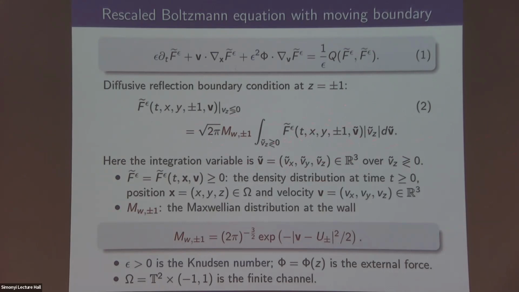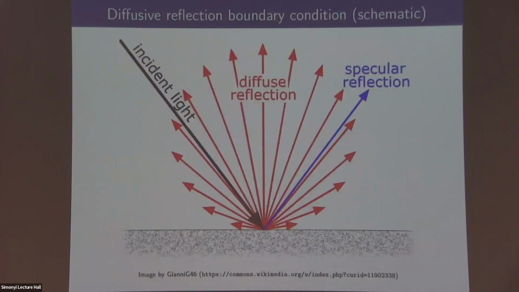So in your problem, you're using this diffusive condition. Yeah. Would the specular reflection be more difficult to do? No, easier. It's a simpler boundary condition. And if you're in a tokamak and everything is round, then you're usually going to use diffuse reflection because the boundary isn't flat. Yeah.